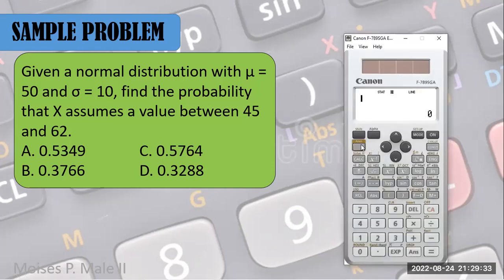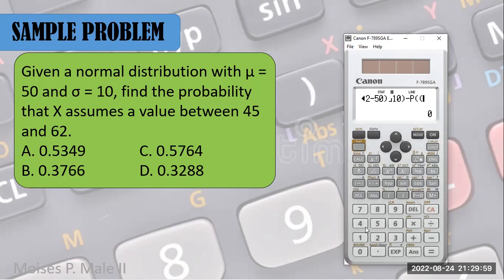Okay, so apps distribution P ng 62. Okay, so enclose nyo yung 62 minus the x bar na 50, tapos divided by 10. Okay, minus yung area naman ng para kay 45.